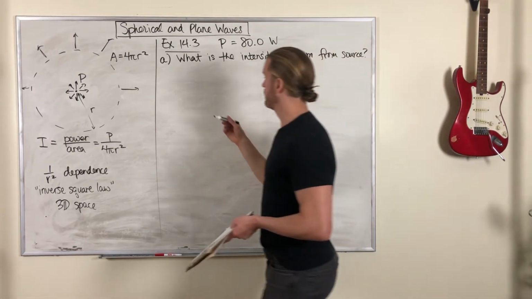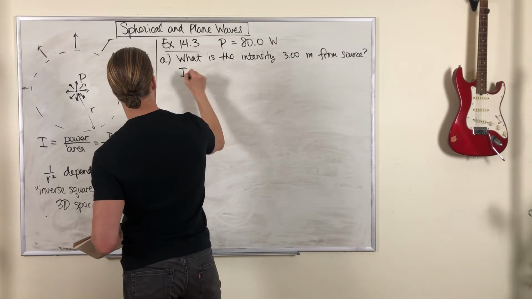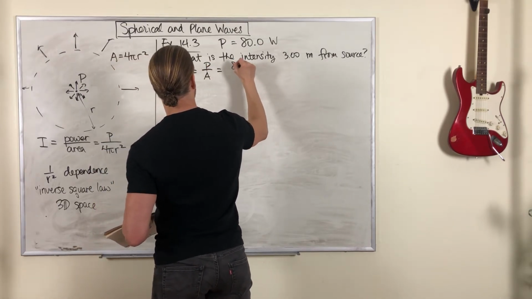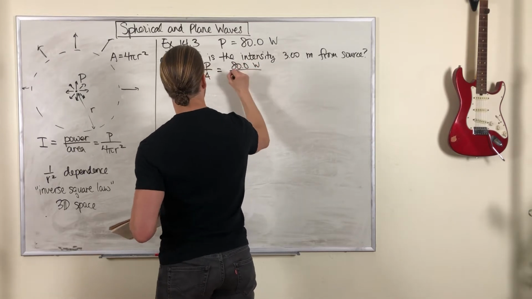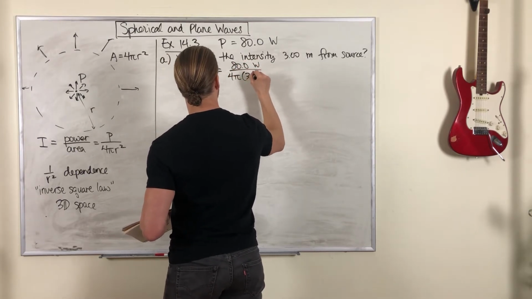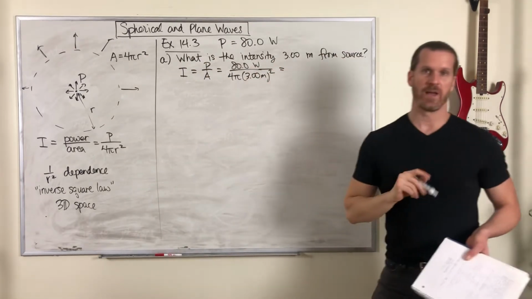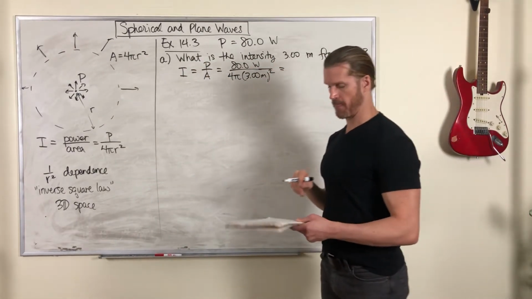To do that, we just plug into our intensity definition, and use 4 pi r squared for the area.